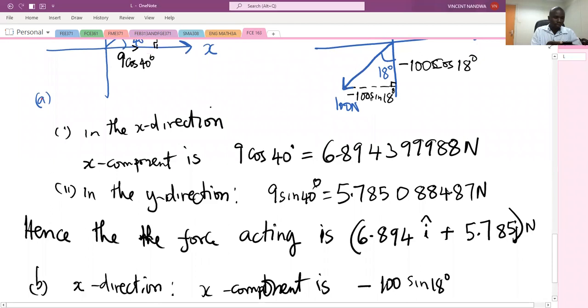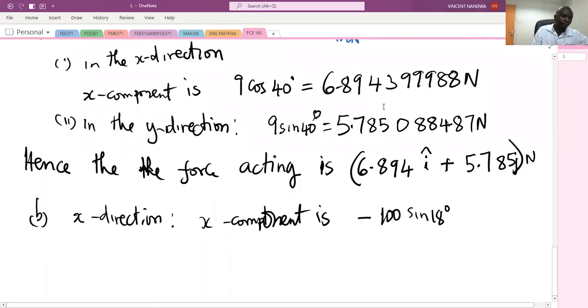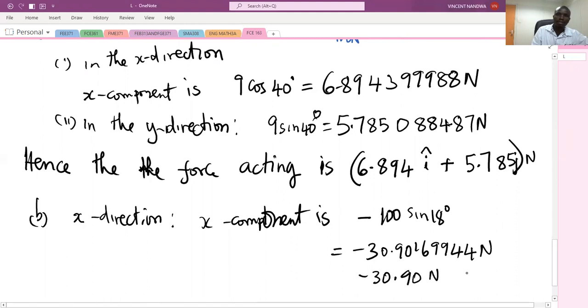That will give us negative 30.90169944 newtons, which is roughly negative 30.90 newtons to four significant figures.